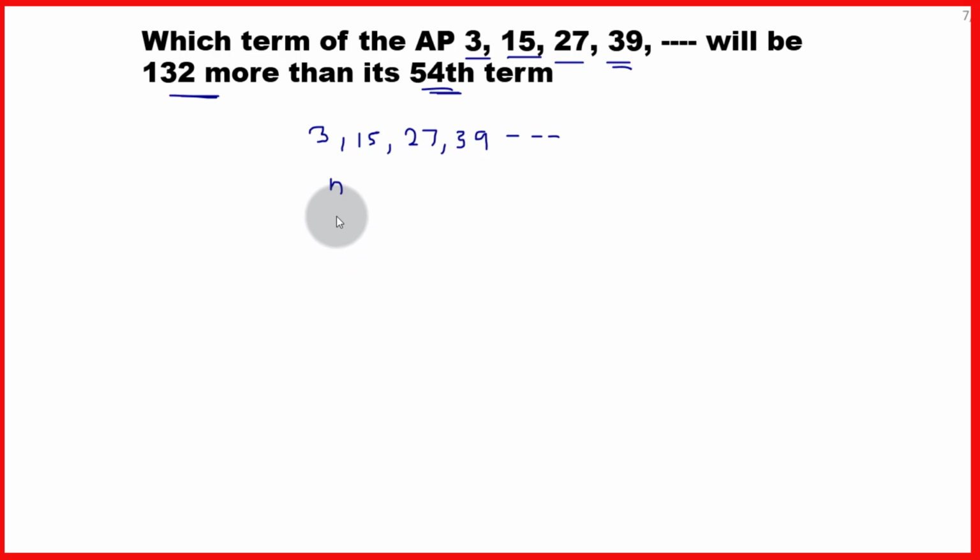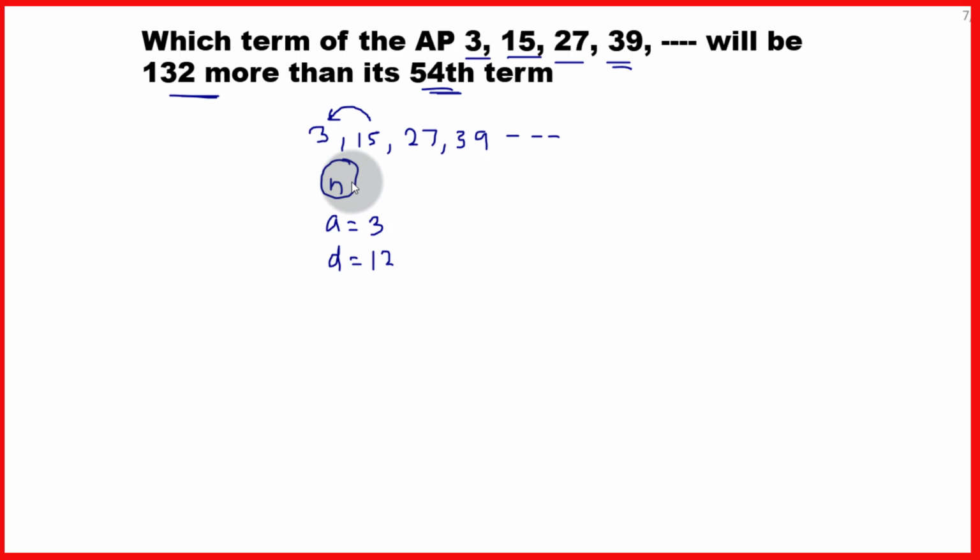So let that term be n. And here it is given that A is equal to 3 and the second term is 15, therefore we can find the common difference, that is second term minus first term, 15 minus 3, and so it will be 12.